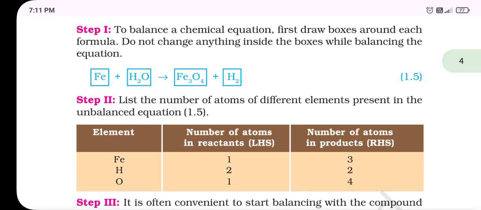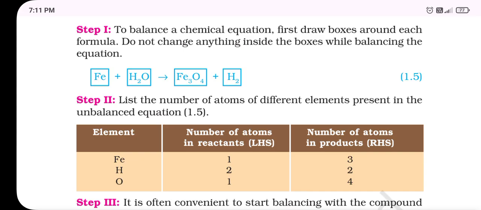Step 1 says: to balance a chemical equation, first draw boxes around each formula. Do not change anything inside the boxes. You do not have permission to change anything inside the boxes while balancing the equation.